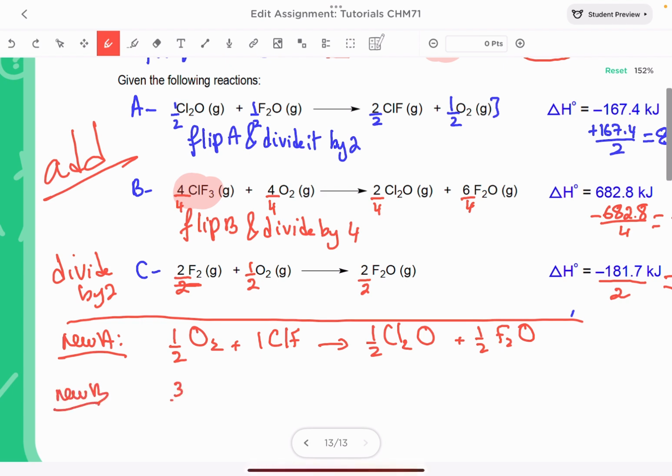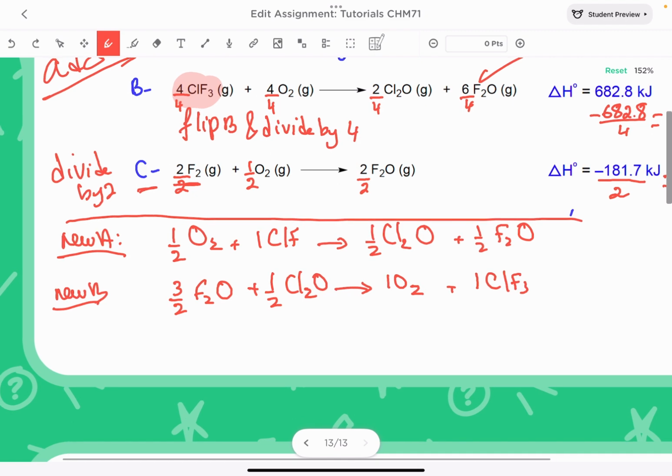So it's going to be 3 over 2 F2O and half Cl2O and 1 O2, 4 over 4 is 1, and 1 ClF3. And in C, I just said divide C by 2. So it's going to be 1 F2, half O2, and 1 F2O.